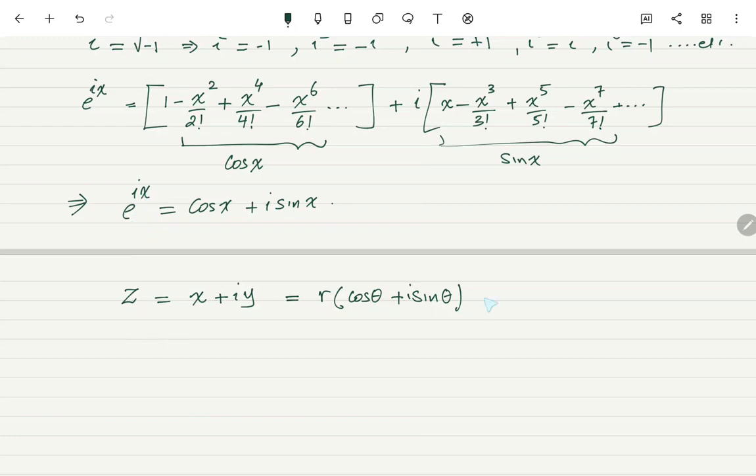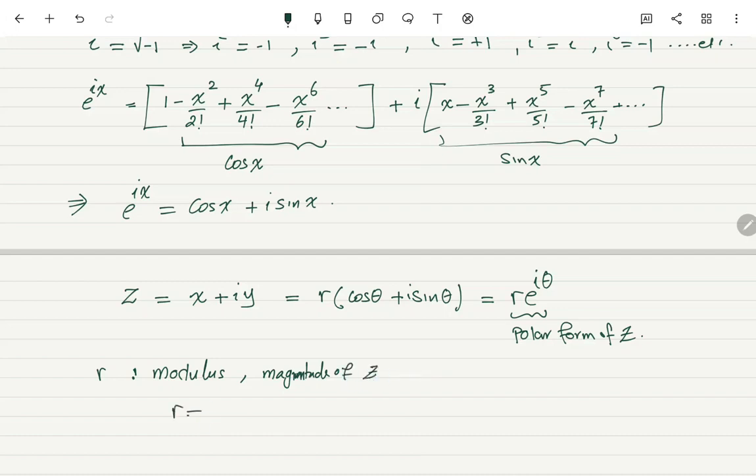So in this case, this will be equal to r e to the i theta, and this is the polar form of z. R in this case is called modulus, or the magnitude of z.